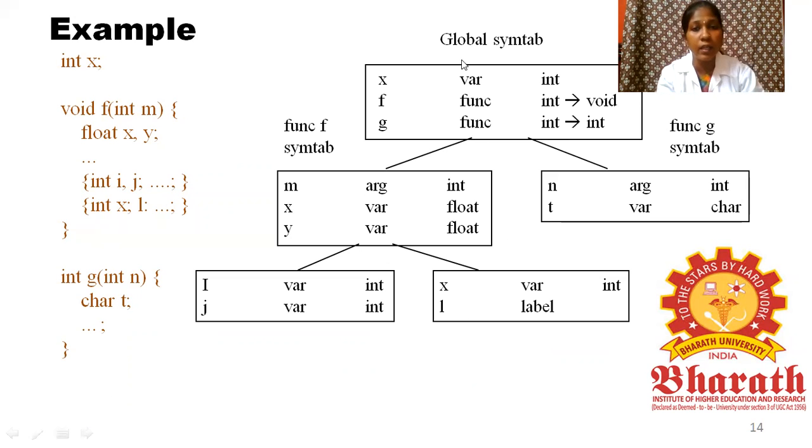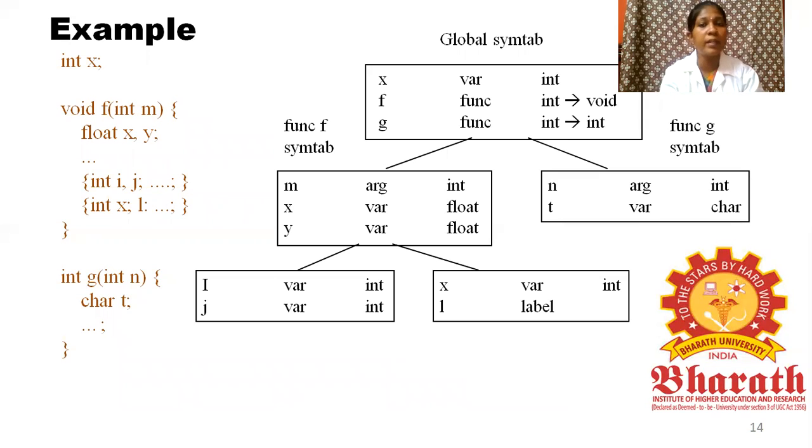In the global symbol table, x is a variable, f is a function of void type, and g is a function of int type. Now we have the function f symbol table and the function g symbol table. In the function f symbol table, we have the variables m, x, and y: m is an argument, x is a variable, and y is a float variable. Then we have n and t.